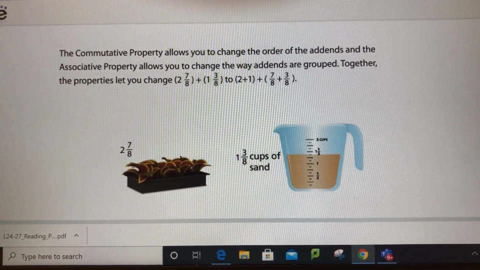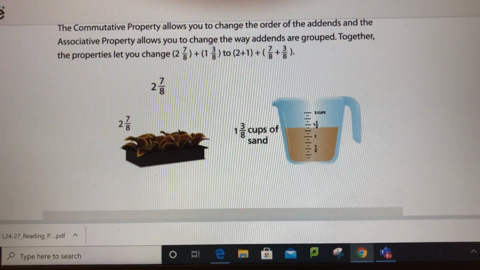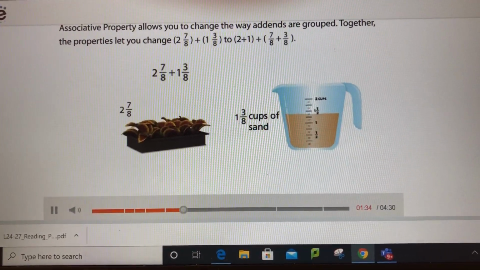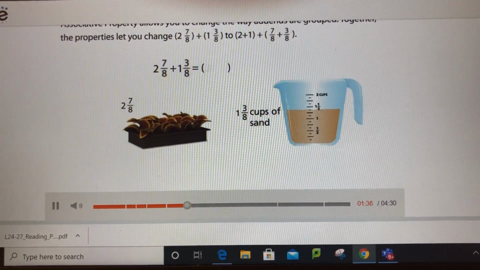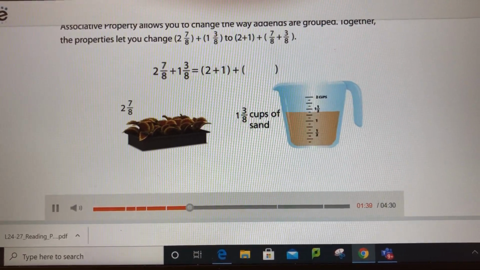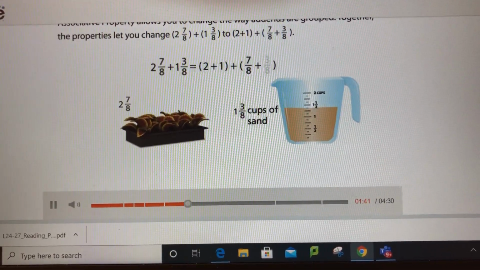Together, the properties let you change 2 and 7/8 plus 1 and 3/8 to the sum of 2 plus 1 plus the sum of 7/8 plus 3/8.